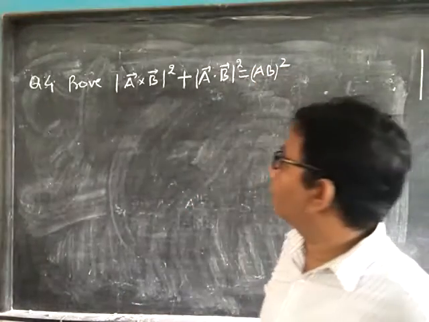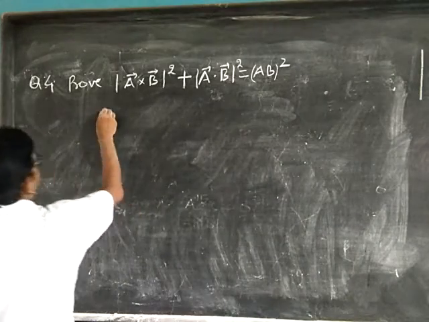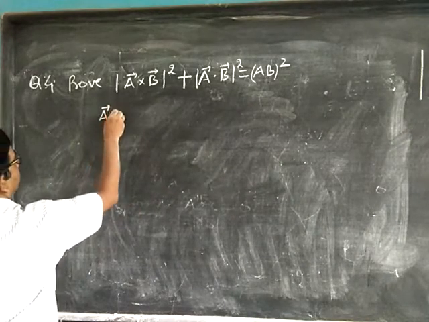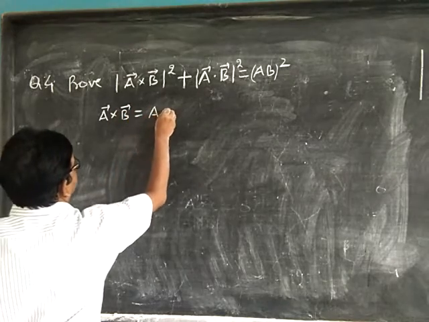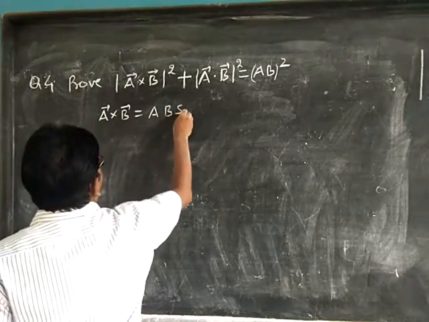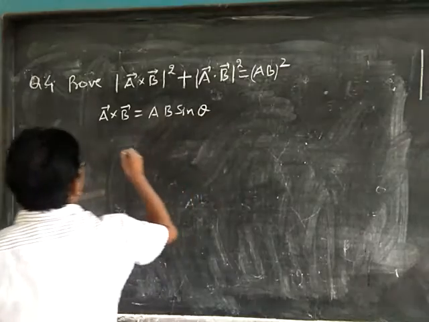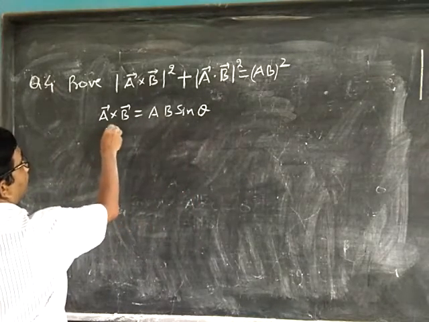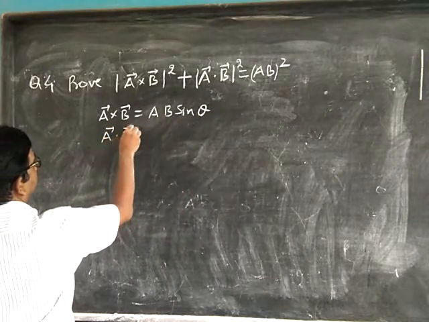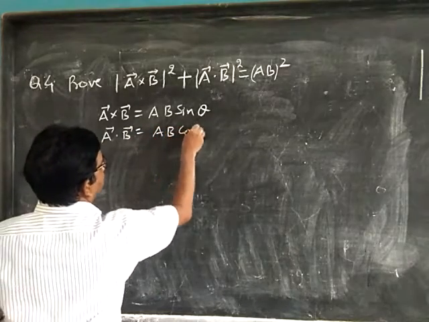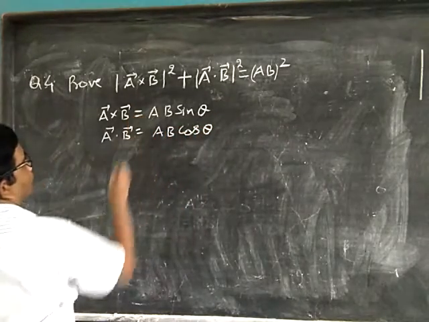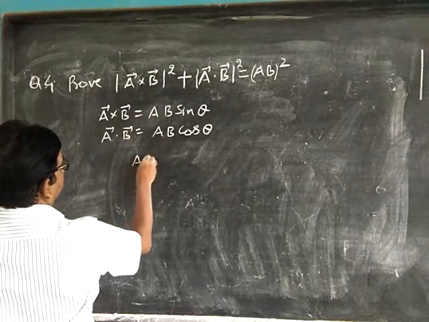Now we know, since vector A cross vector B is equal to AB sin theta and vector A dot vector B is equal to AB cos theta. Now we will put the value here.